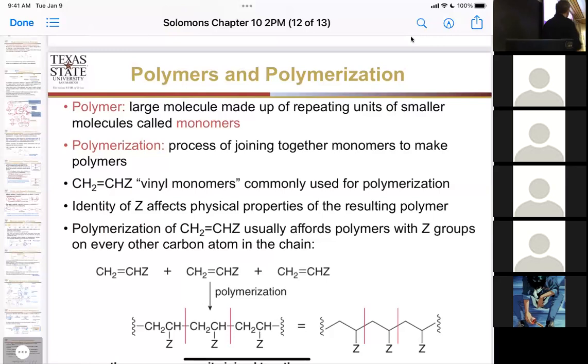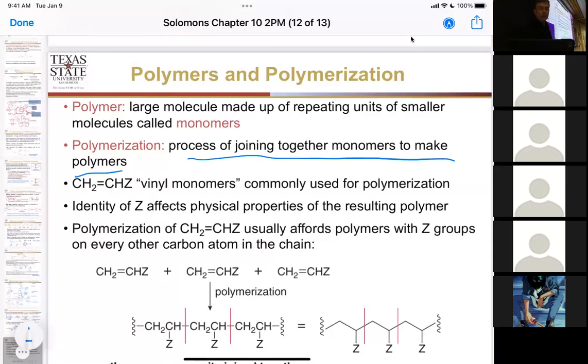When we join those monomers together, we call that polymerization. Basically it's just the propagation stage of our radical reaction. It just keeps going until you run out of things to react with, and then it terminates in our termination step, and we're done.